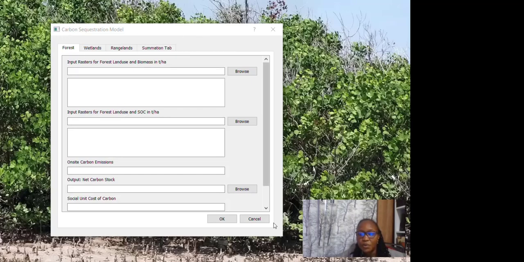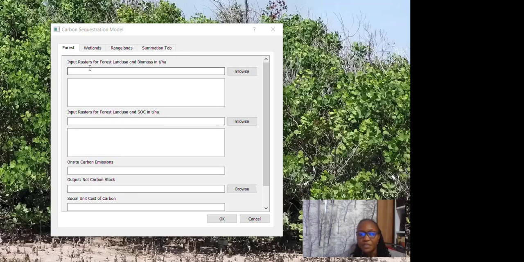You should be able to open it and get a window like this, written carbon sequestration with forest, wetland, rangelands, and the summation tab. Since we started off with the biodiversity and habitat conservation for forests, we'll also do this for forests, for the purposes of summation on our last day, to visualize the value that we are getting for this particular ecosystem.